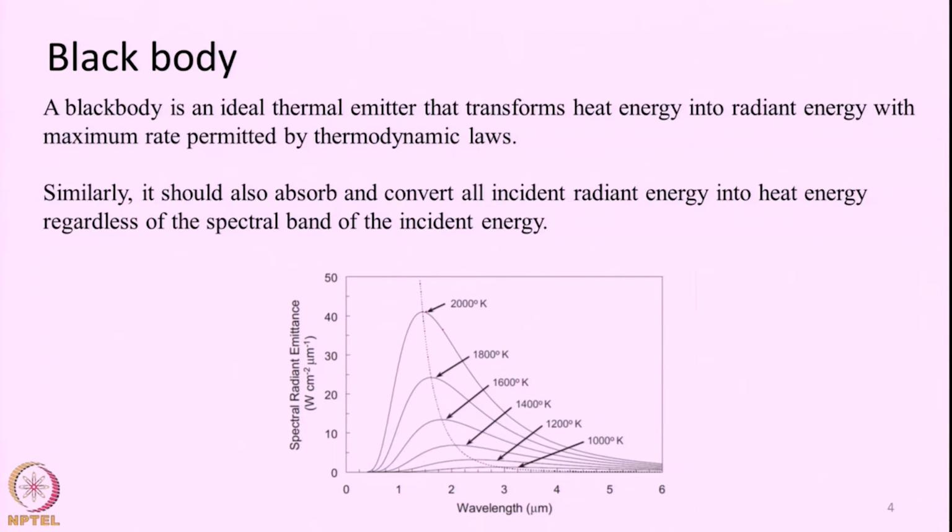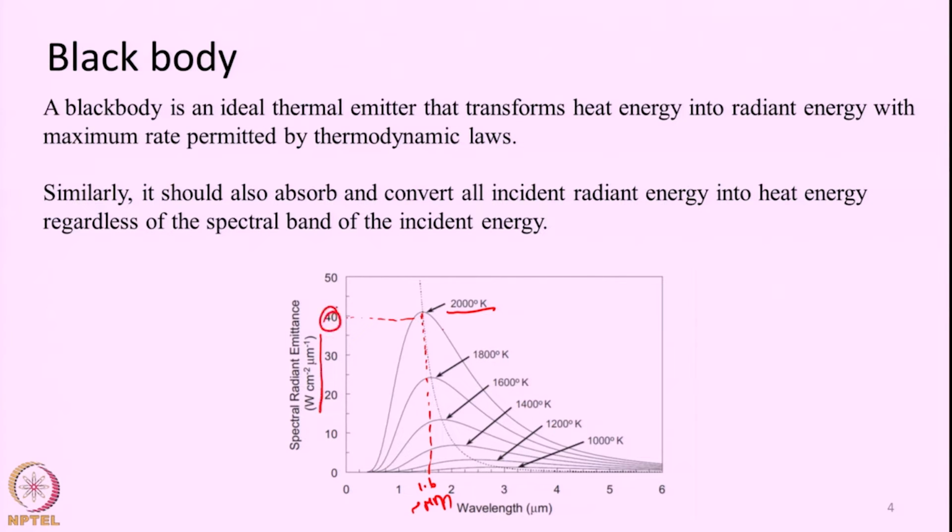For example, let us take this particular example. Say this object at 2000 Kelvin temperature and at this particular wavelength, say around 1.6 micrometers approximately, it is emitting radiant emittance of around 40 watt per centimeter square per micrometer.